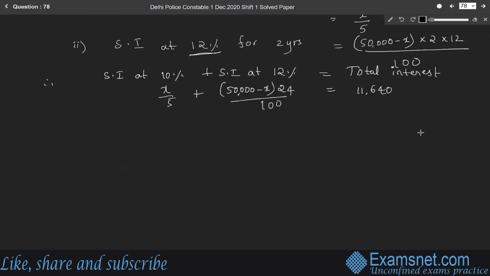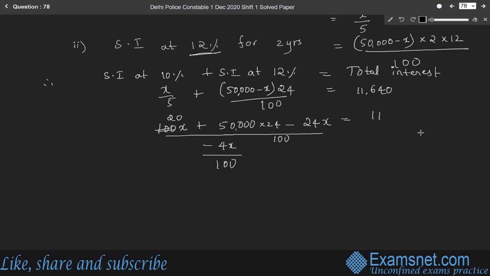You will get 20x, not 100x, plus 50,000 into 24 minus 24x, so minus 4x by 100 plus 50,000 into 24, which is equal to 11,640.